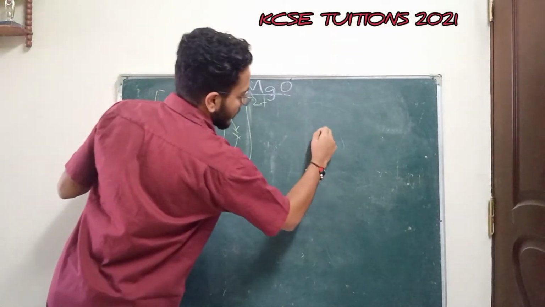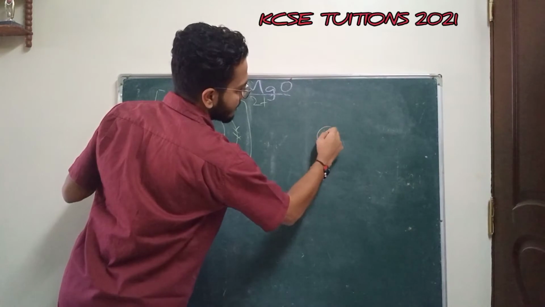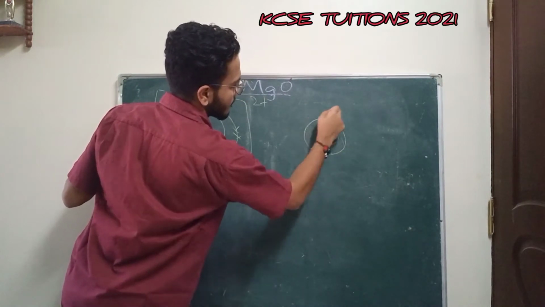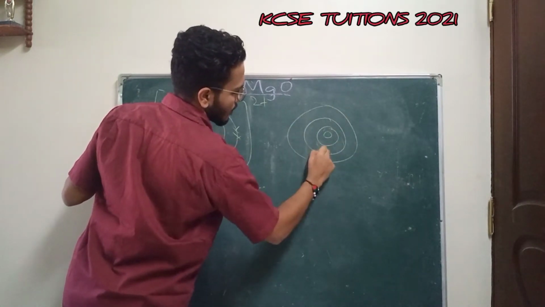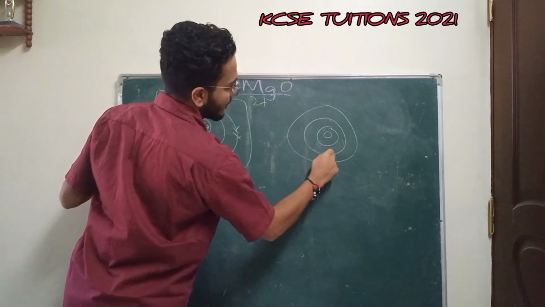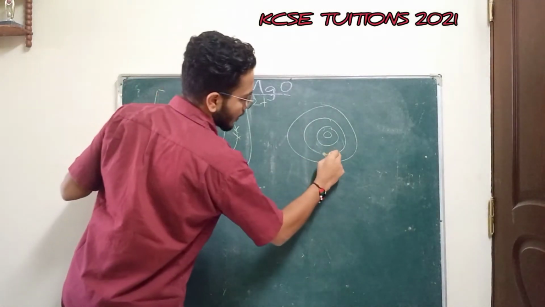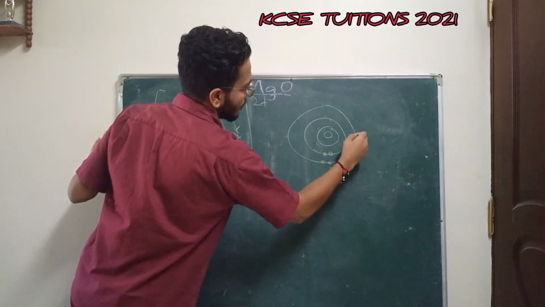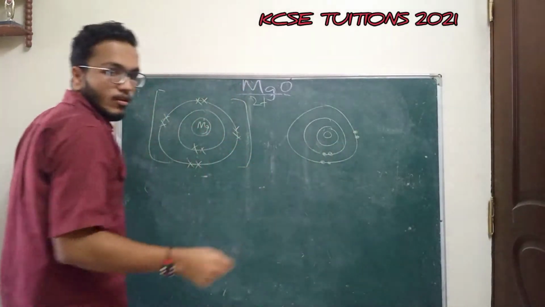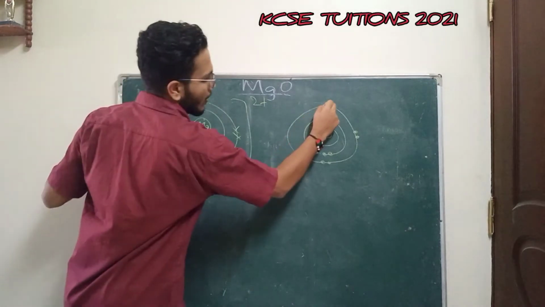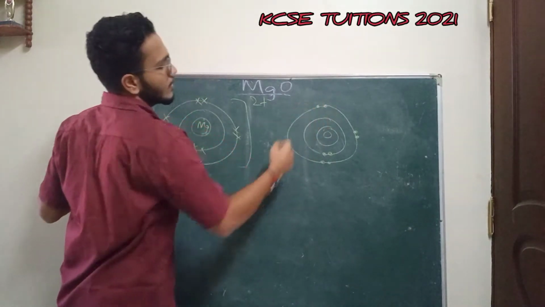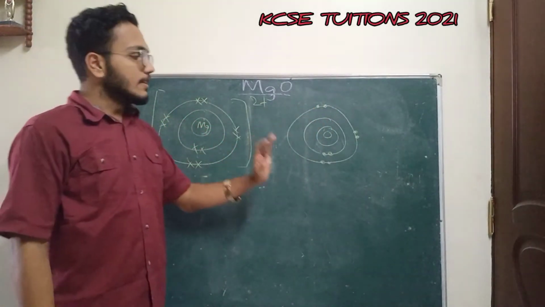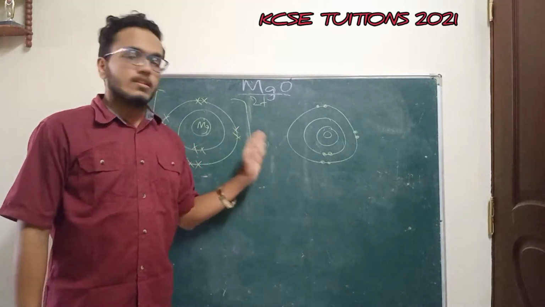And you draw the nucleus of oxygen. If in the first one you use crosses, the second one you can use dots. The electron configuration of oxygen is 2, 6. So once you have drawn the 6 electrons in outermost energy level, this atom is not stable. Why?